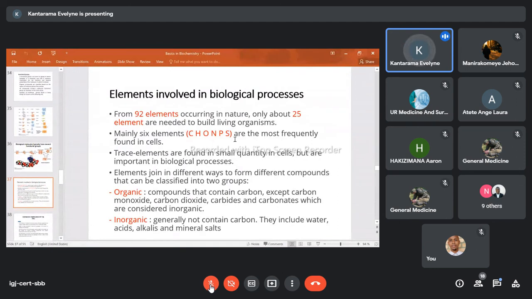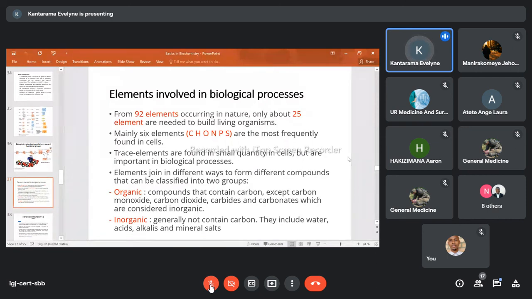Some books say 4: carbon, hydrogen, oxygen, and nitrogen. Others may say it depends, but phosphorus is added because it is very abundant in nucleic acid, and sulfur because it is part of protein, so it's okay. But bear in mind that not all 92 elements present in nature are found in biological systems.